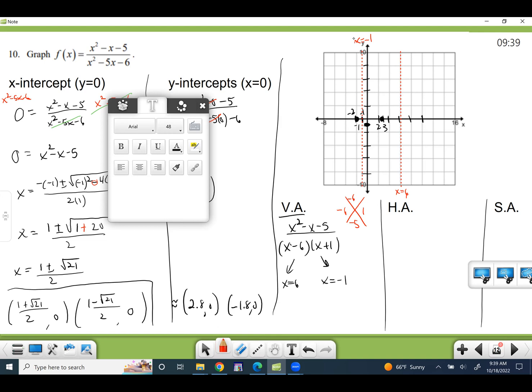Now for the horizontal asymptotes, we can see that we have the case of equal exponents, right? There's a 2 on top of a 2. So when it's equal, you're going to make a fraction from the leading coefficients, right?